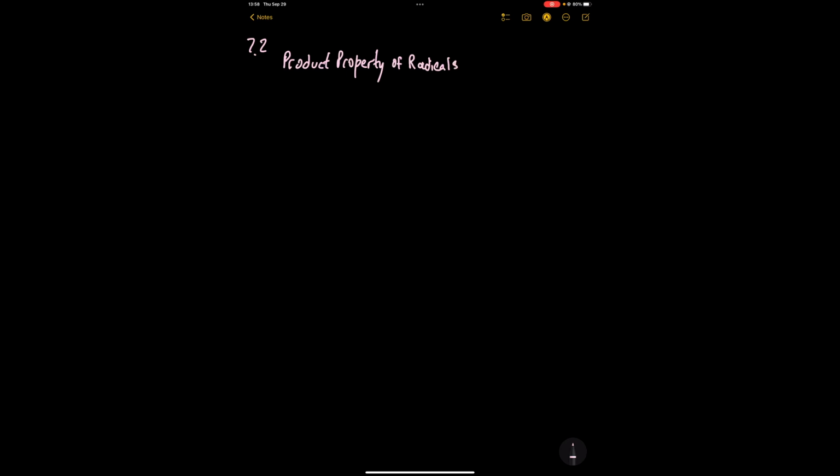It basically means if you have the nth radical of two numbers a, b, you can write them separately. So it can be the nth radical of a times the nth radical of b. And vice versa.